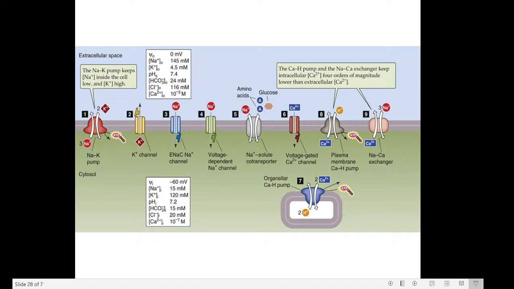The carbonate concentration is 24 millimolar outside. Inside the cell it is 15 millimolar. Chlorine is 116 millimolar outside, and 20 millimolar inside.